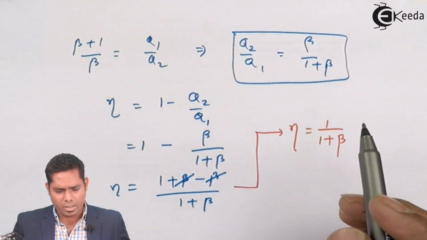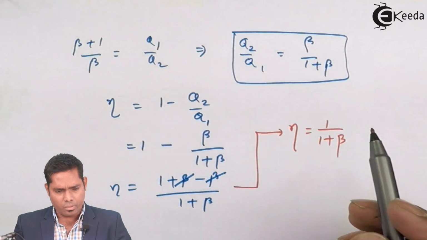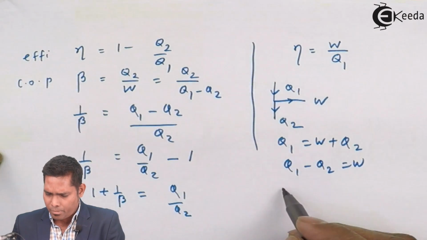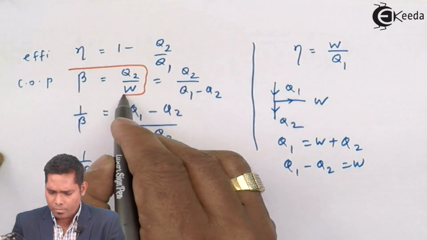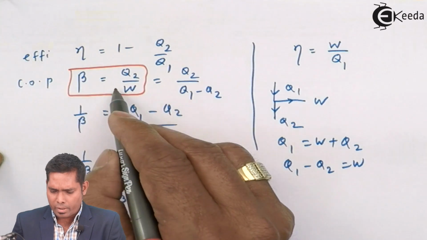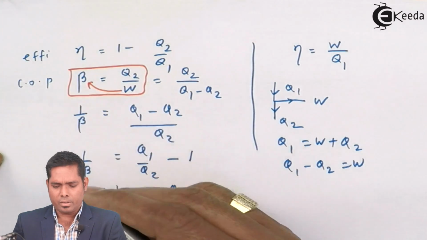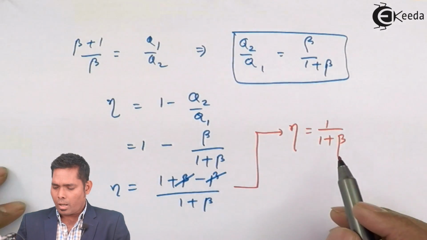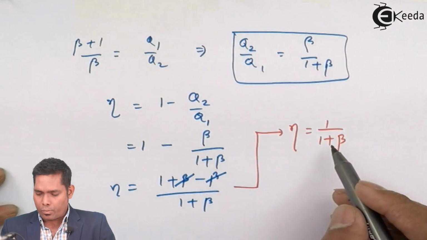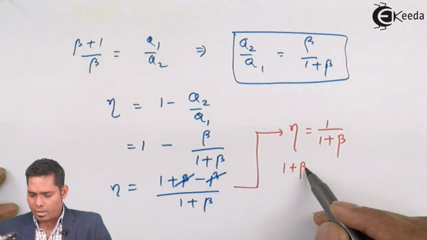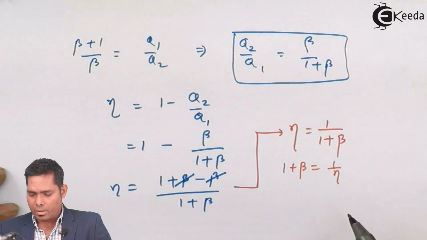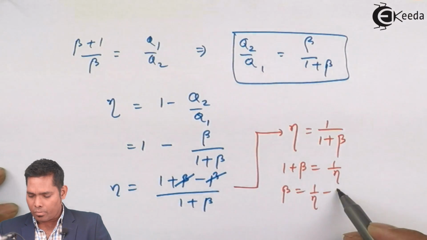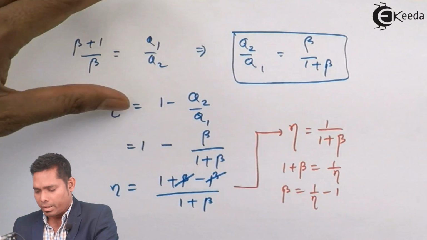But you can see that the value I gave you here, beta's basic meaning is this one. So Q2 is required, so I multiply W with beta, so I'll get Q2. So to get Q2, I have to find beta. So from here, 1 plus beta is 1 over eta. So beta is 1 over eta minus 1.